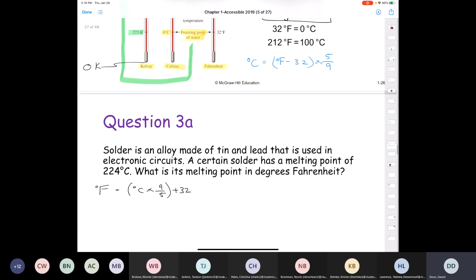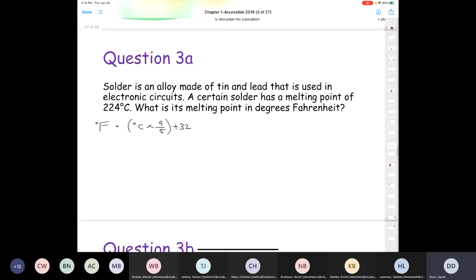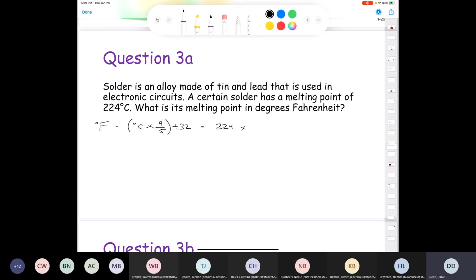With that formula in mind, we're just going to plug in our numbers. We have our temperature in degrees Celsius. We put in 224 times 9/5, and we're going to add 32 to it.